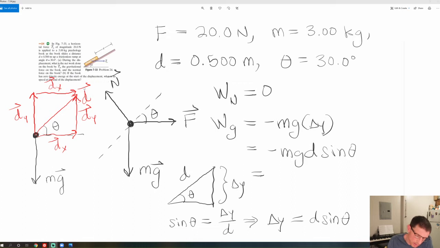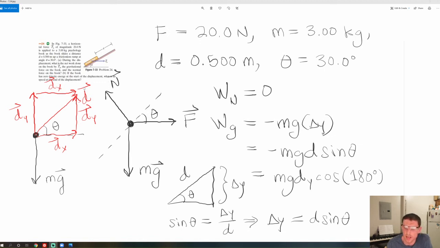Another way we could write this is mg, which is the gravitational force, times d_y, and remember d_y is just d sine theta, and then we would have to write cosine of 180 degrees here, because that's the angle between the y component of d and the gravitational force. And so what we find is what we had written, which is that the work done by the gravitational force is negative mg d sine theta.